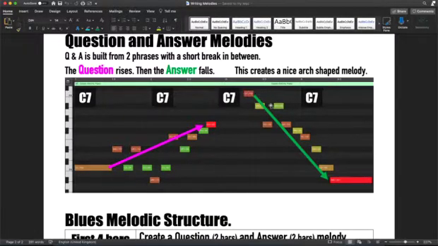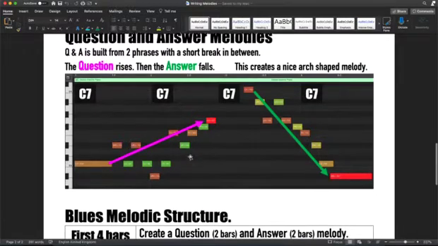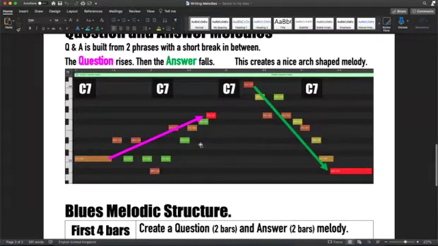And then the same with this, it can sort of come back up and flow, but generally starting high and we're ending low. What sounds quite good is where you start and finish in roughly the same place. You don't finish on the same note, but it's in the same sort of area. It will sound quite finished if you do that. So try that out. Try and construct a 2-bar ascending idea, and then a 2-bar descending one over a 4-bar phrase of a blues.